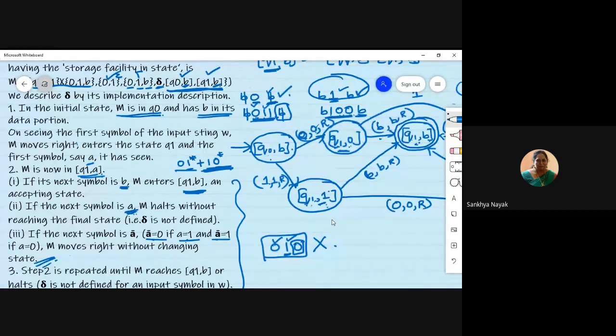If you see A again, we make no change. Means when you saw 0, again if you see 0, we don't make any changes. On seeing 1, if you see 1 again, we have not written any transition for that. So it will not be accepted. So this is the generic term. This is how we actually do the design.